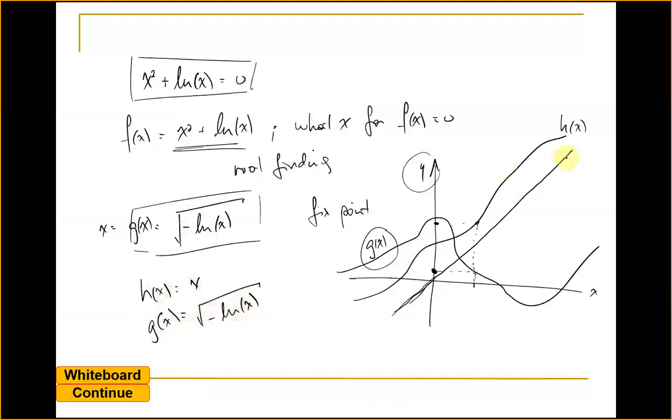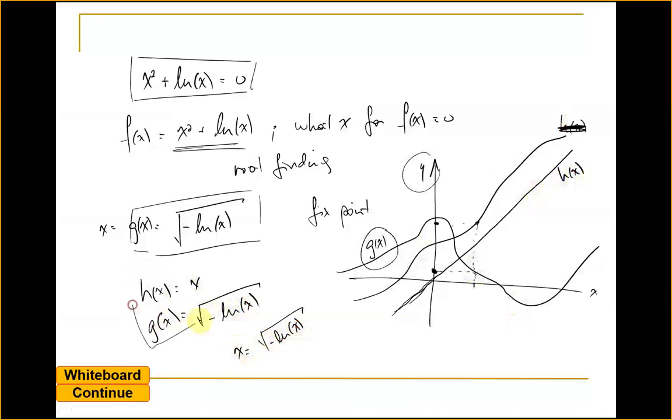So this is h of x equals x. Let me make this one h of x, right? And this one is g of x. Okay, this one is g of x, this one is h of x. And all I'm saying is I want to know when h of x is equal to g of x. Clearly that just means when x equals the square root of negative natural log.